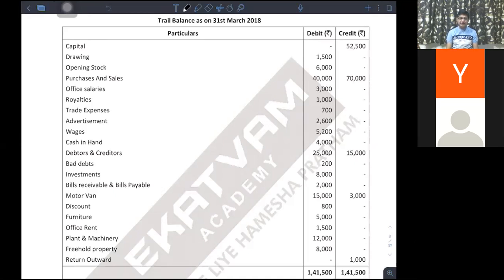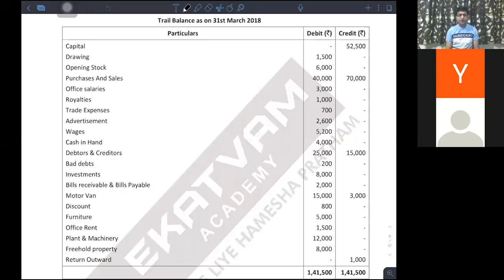Royalties is basically the amount that you pay for the usage of someone else's patents, copyrights, trademarks, etc. So royalties is basically related to production, and therefore, if nothing has been provided, if royalty were on sales, then it would go to the profit and loss account. Otherwise, royalties are treated as direct expenses. I repeat, royalties are treated as direct expenses.